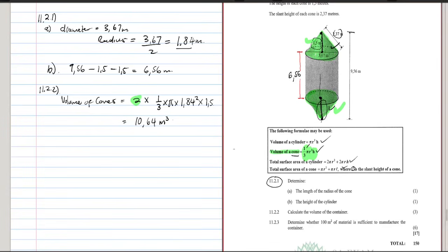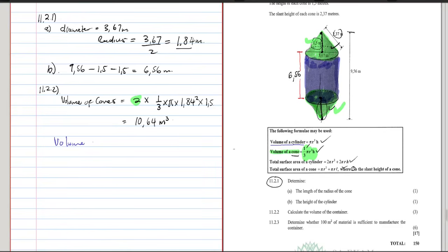Now we're going to calculate the volume of the cylinder, the middle part. A cylinder volume is this one, and it's only one.